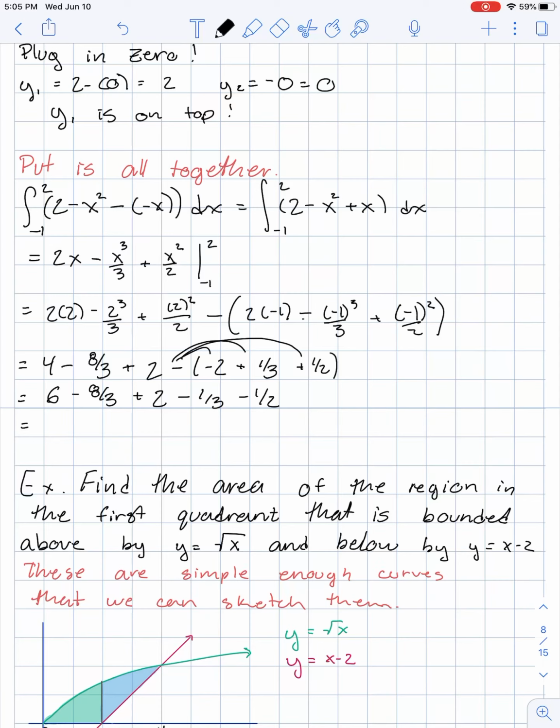So 6 plus 2 minus 1/2 is going to be 7.5, and then negative 8/3 minus 1/3 is going to give me minus 9/3, which is just 3.